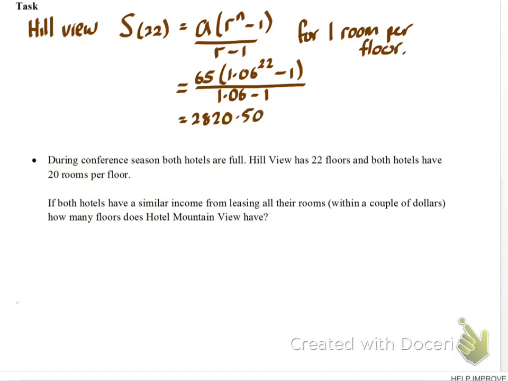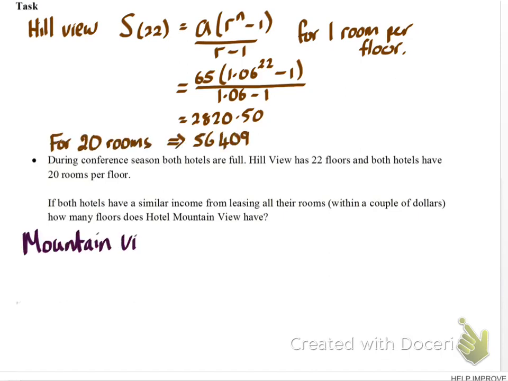We work out the formula, the sum total, calculate it correctly, put brackets around the denominator, 1.06 minus 1. Make sure you can get $2,820.50. That's how much they're getting for one room per floor up to 22 floors. Multiply that by 20 because there are 20 rooms, and they're earning $56,409.